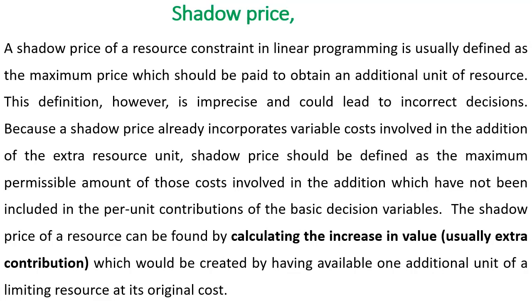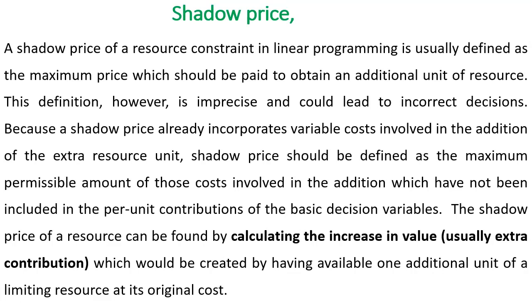So sometimes shadow prices lead us to incorrect decisions, because we have to give the optimal solution keeping in mind the constraints, and the constraints must be less than or equal to our capacity, not more than our capacity.